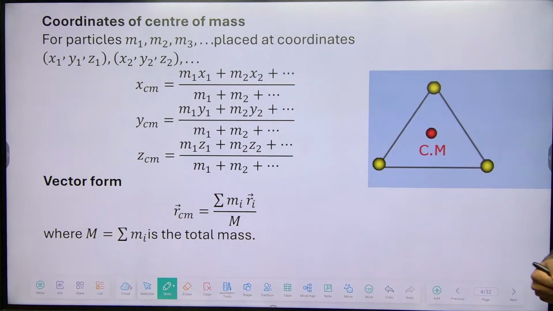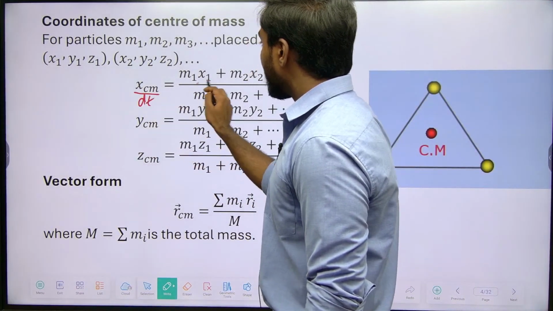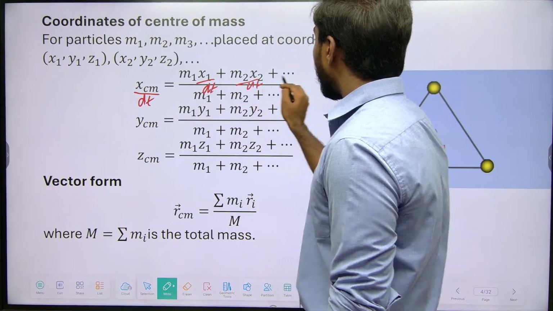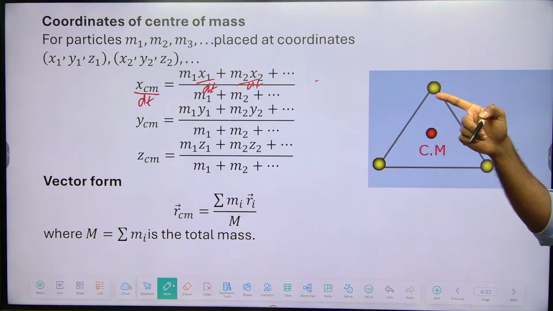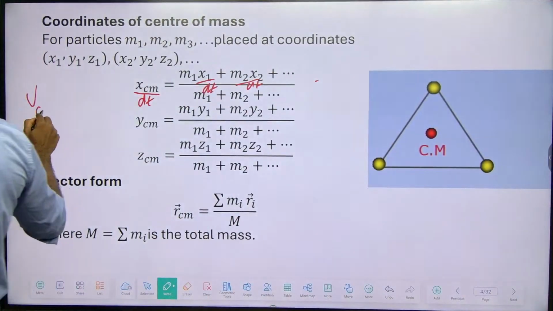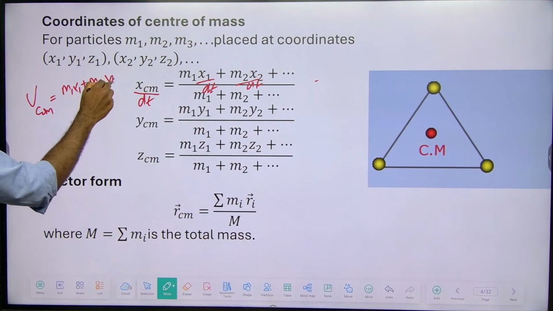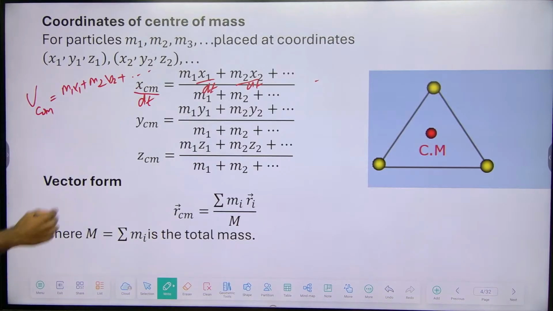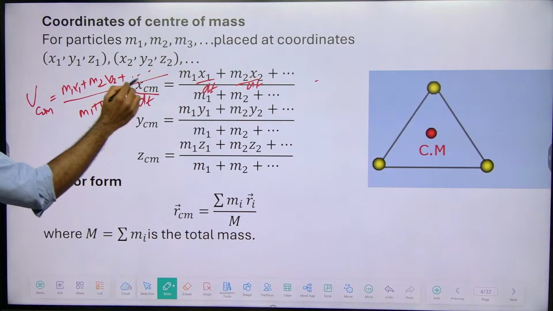So can I get the center of mass of the velocity of the particle? So can I say V center of mass will be equal to m1 v1 plus m2 v2 up to mn vn divided by m1 plus m2 plus m3 and so on.